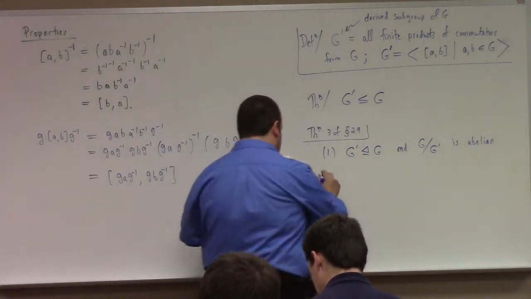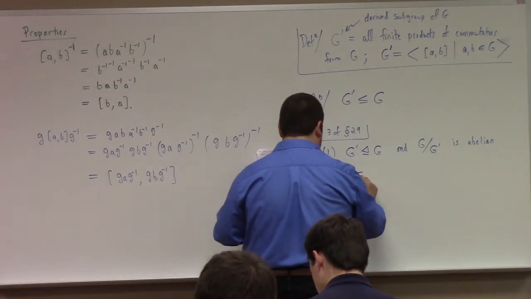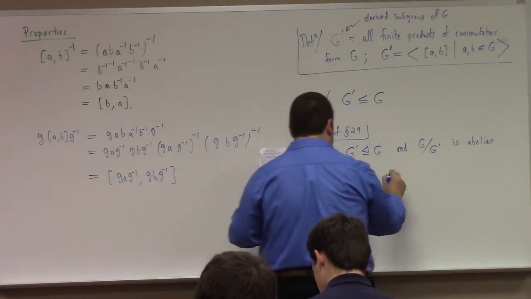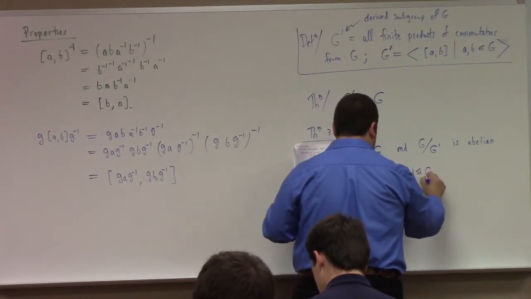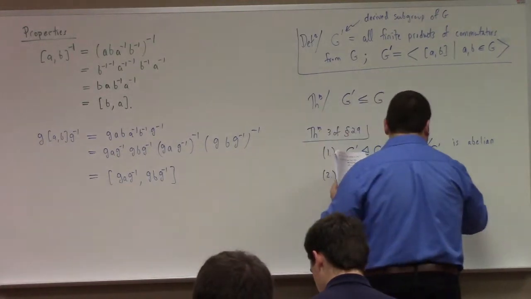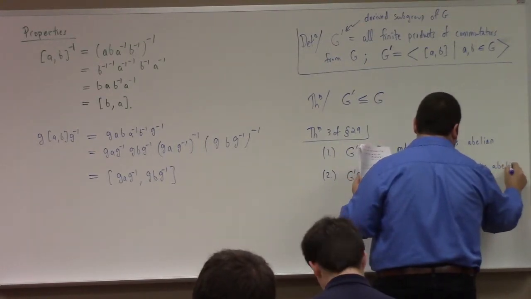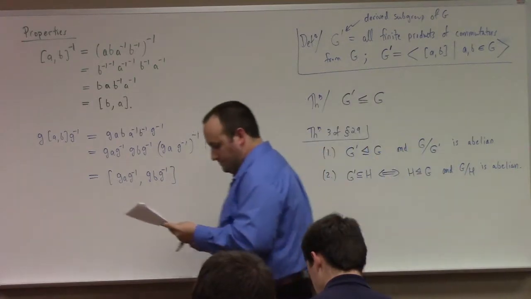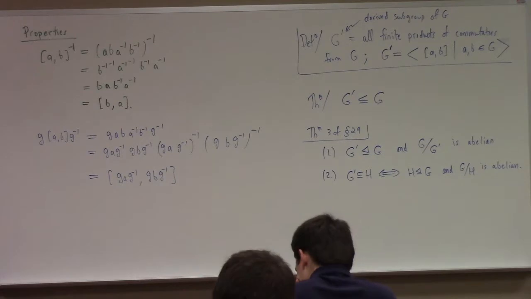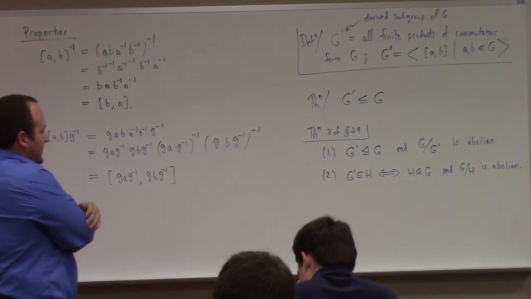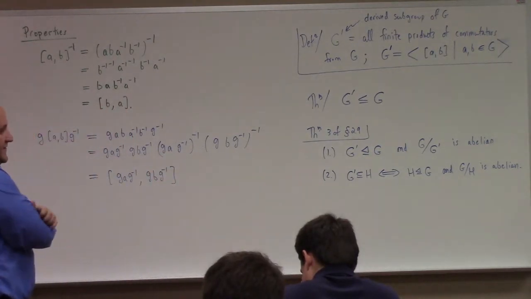And 2, G prime is a subset of H if and only if H is a normal subgroup of G and G by H is abelian. The proofs are in section 2.9. I'm not going to go over the proofs here.